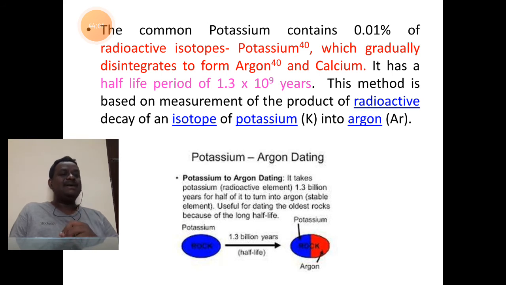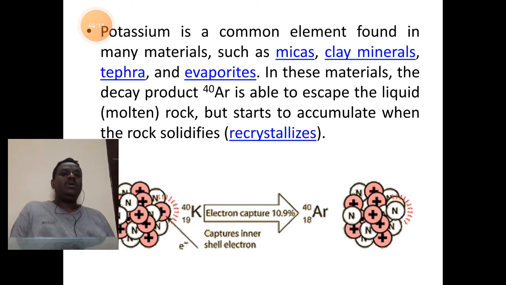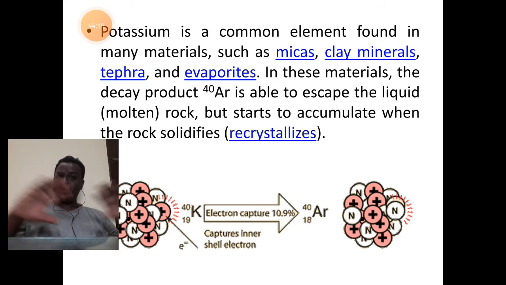This is a method based on the decay of the isotope potassium to argon and calcium. Potassium is an element generally seen in micas, clay minerals, tephra, evaporites, etc. of the rock.